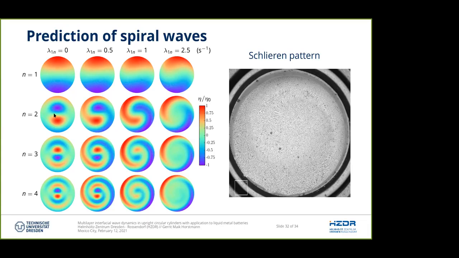If you see these patterns, you cannot say if the shaker is rotating clockwise or counterclockwise. They always have the same shape, but these waves here have a chirality and look different if you shake the container clockwise or counterclockwise.